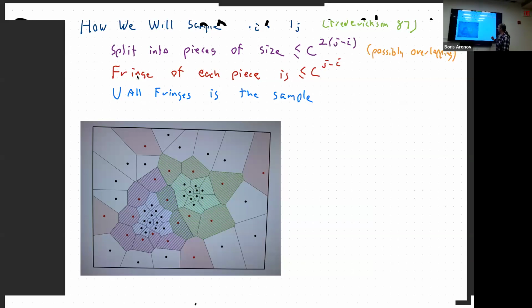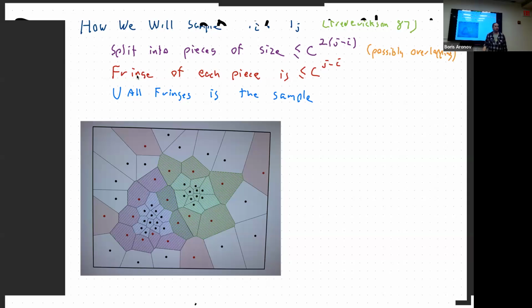What is crucial about this, and very interesting, is that if I split these things, and say this has x squared things and the fringe has size x, can I say anything about the complexity of these Voronoi cells?